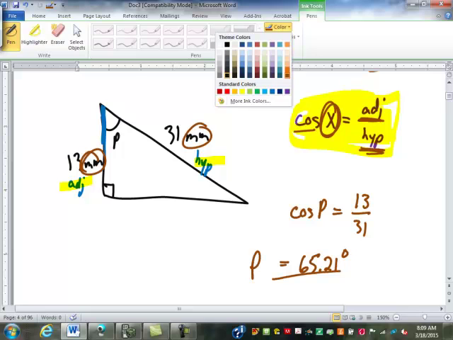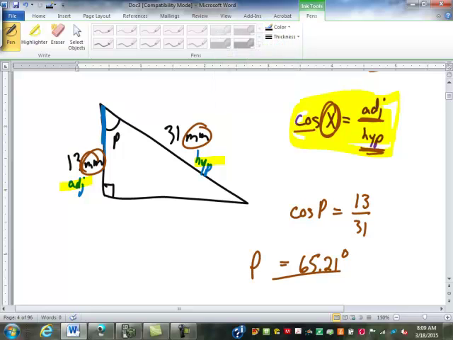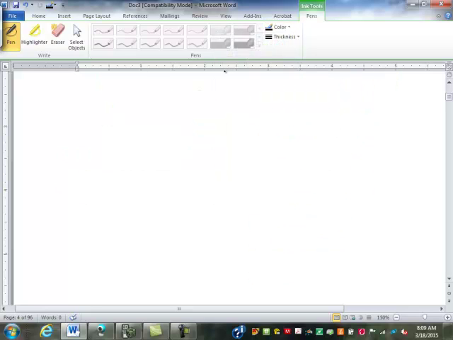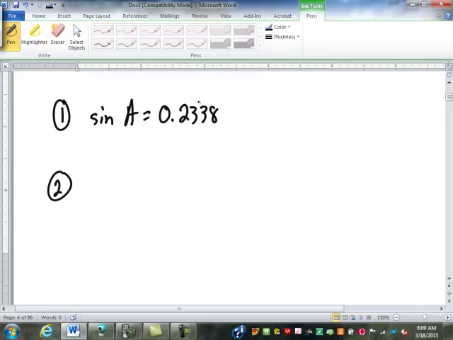So now at this point, I am relatively confident that you guys can handle these next three problems I'm going to give you. I'm going to give you the sine of A is 0.2338. Find what angle A is.